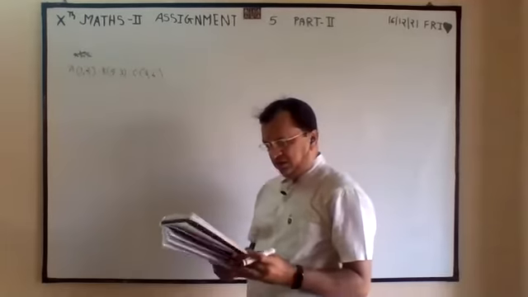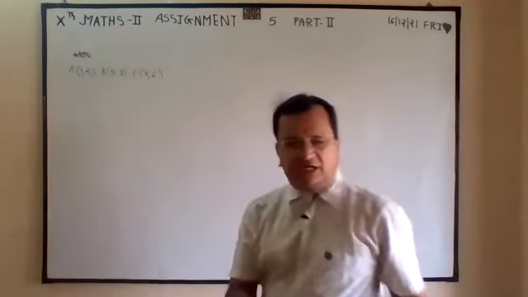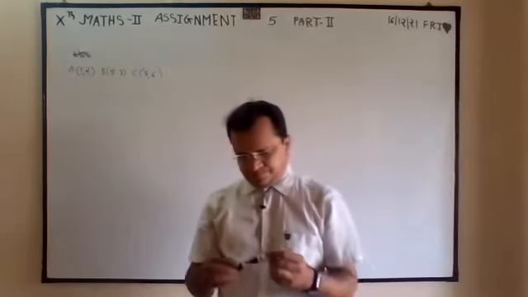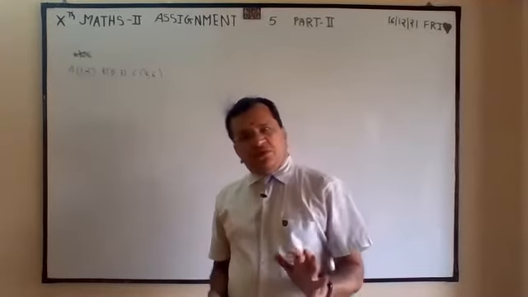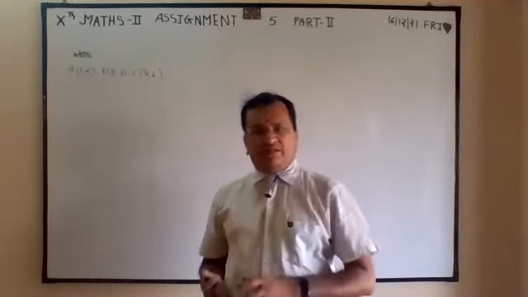Determine whether the points are collinear or not. Listen students, there are two methods. Find out distance AB, find out distance BC, find out distance CA.